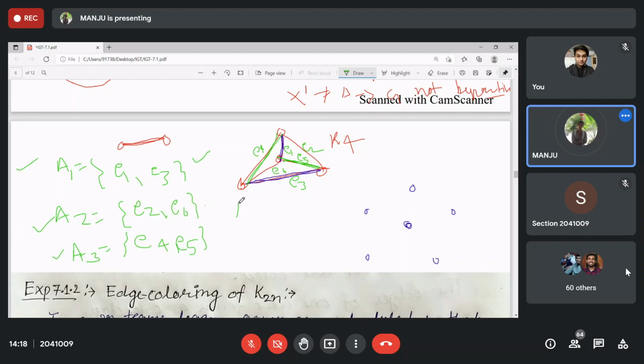So the edge set of K4, can you write it as a disjoint union of these color classes? Yes, A1 disjoint union with A2, A3, and so on. Clear?